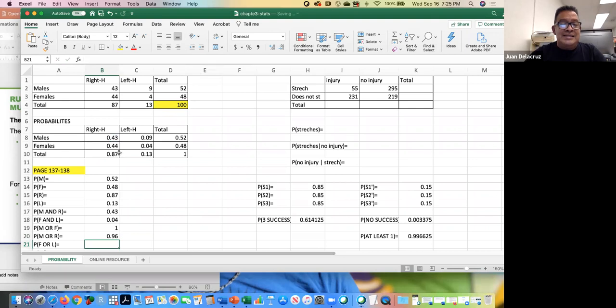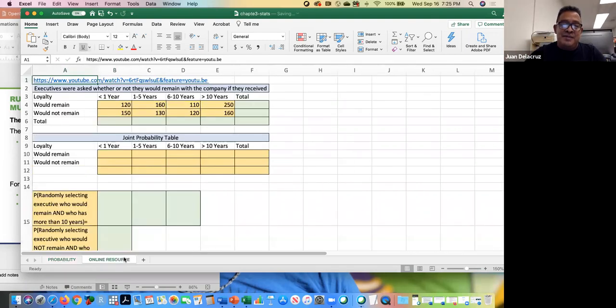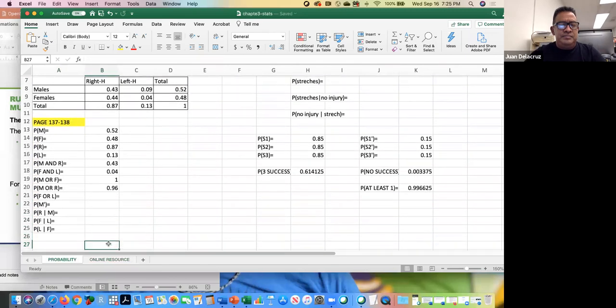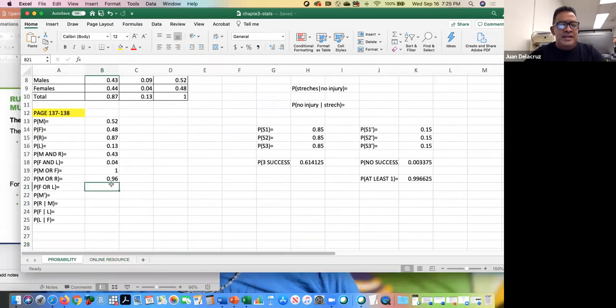So that is easy. I mean, I was trying to do it. I think this guy gives a better way to do it, but it's very clear from the table. So we have the probability of female or left.